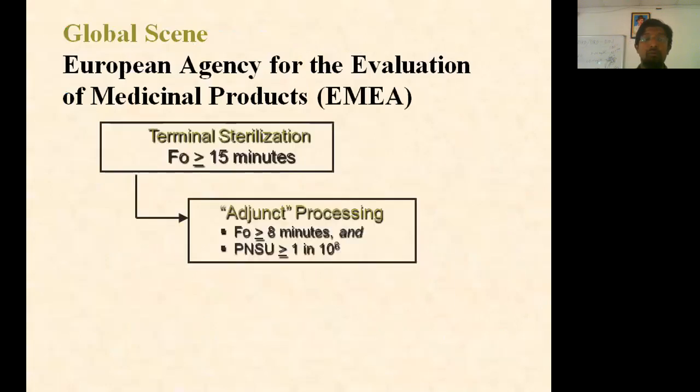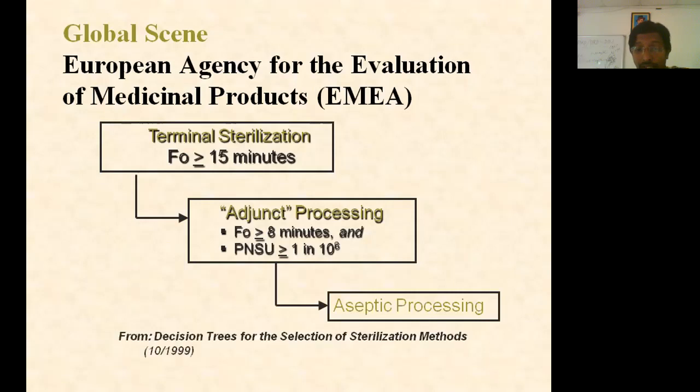If you see the global scene, the European Agency for the Evaluation of Medicinal Products, EMEA, terminal sterilization, so how much time is it taking? More than 15 minutes. And in aseptic processing, more than 8 minutes is happening.